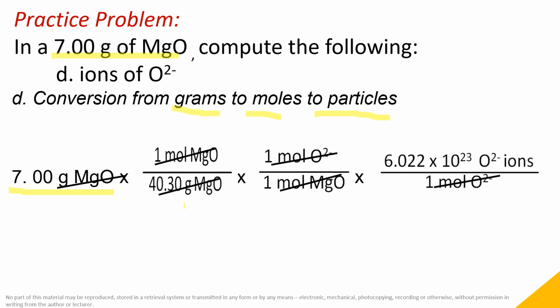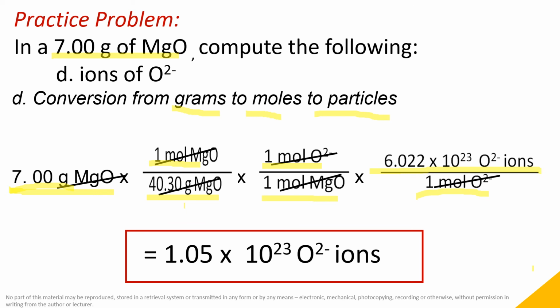Now let's calculate. 7 times 1 times 1 times 6.022 times 10 raised to 23rd power oxygen ions divided by 40.30 grams times 1 times 1. And the answer would be 1.05 times 10 raised to 23rd power oxygen ions.